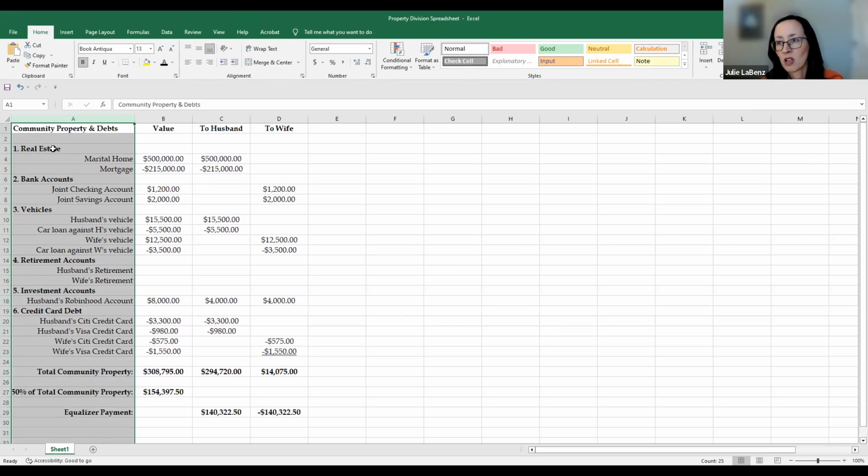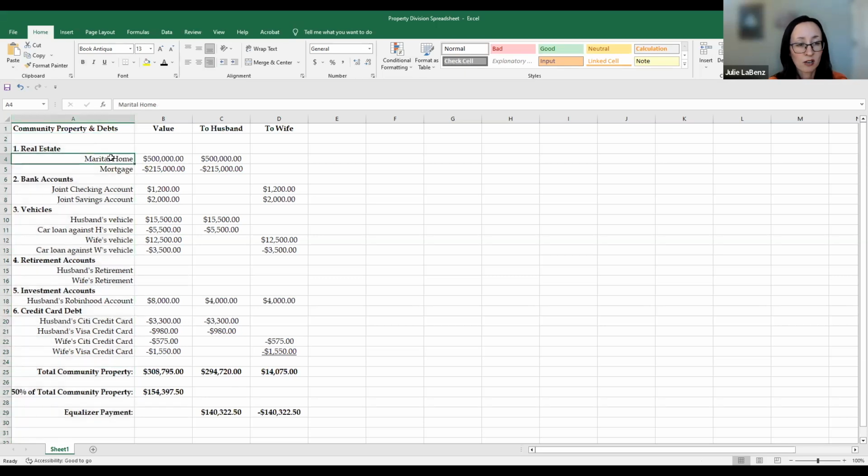Of course, not every marriage is going to have all of this type of property, but here are just some ideas. If you have real estate, if you and your spouse bought one or more pieces of real estate during your marriage and you didn't sign a disclaimer deed, and it's titled in both of your names, or if it's only in one name and there's no disclaimer deed signed, then I would list the marital home. If the marital home is subject to a mortgage, I'm also going to list the current value of the mortgage.